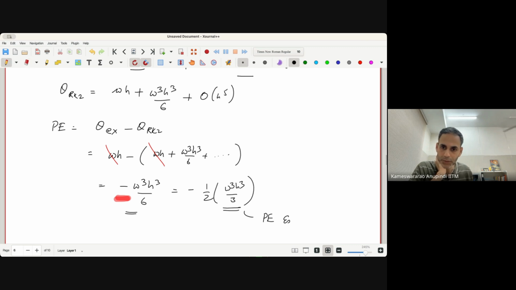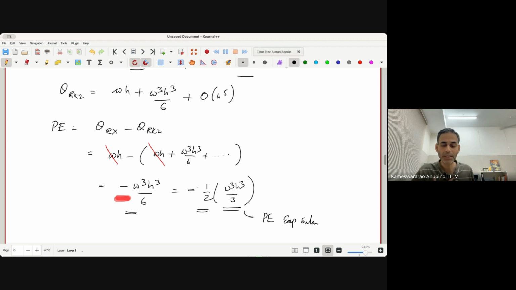So we see that the phase error for RK2 is actually half the phase error for explicit Euler. So that means the phase error is smaller, so it's not going to deviate so much as compared to explicit Euler. It is going to be only half of that. But then we see that there is a minus here rather than a plus.